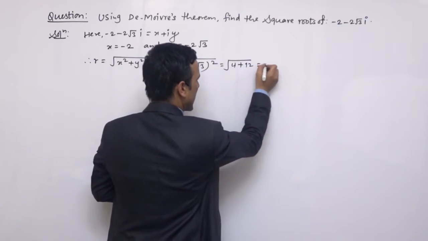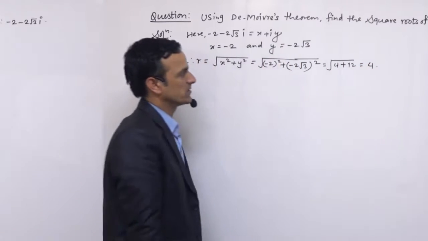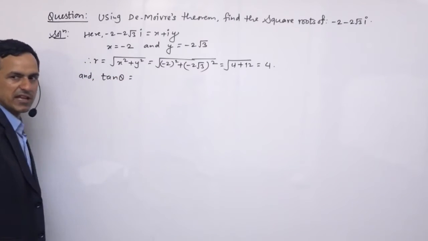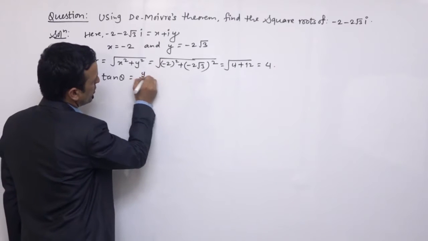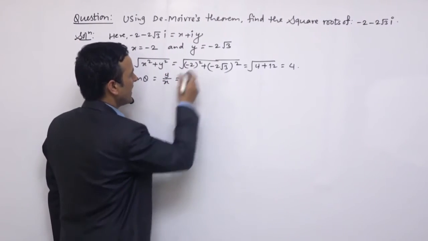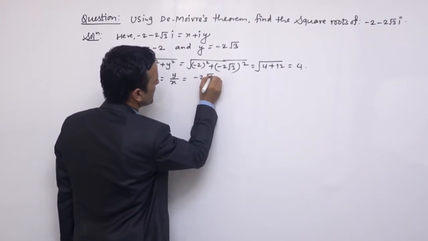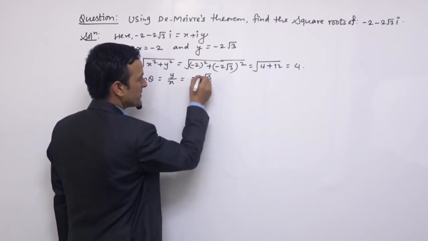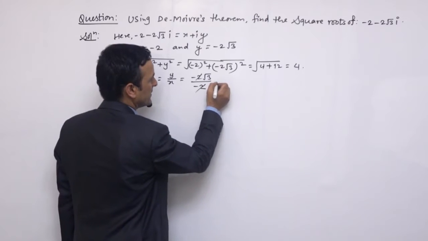So this is 16 and root 16 means it is 4. And when you find tan theta, the formula is y upon x, and the value of y is minus 2 root 3, the value of x is minus 2, this 2 and 2 cancel.